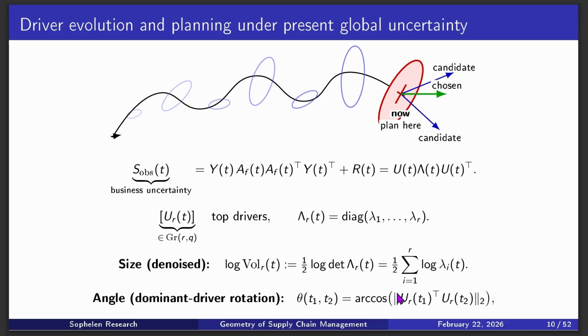There's a way to calculate the angle, called the angle between the principal vectors. Day to day we track the volume and the angle, so that tells us whether uncertainty got larger or if the top drivers changed. I thought this is pretty darn cool.